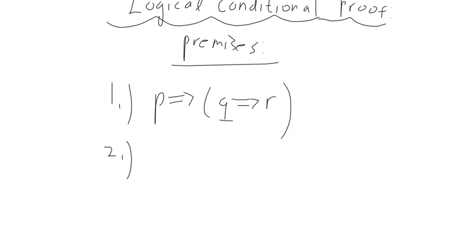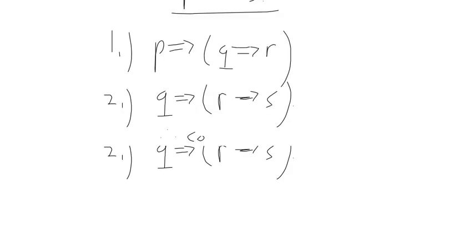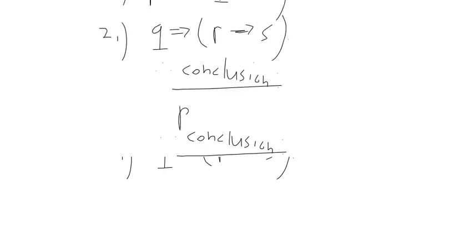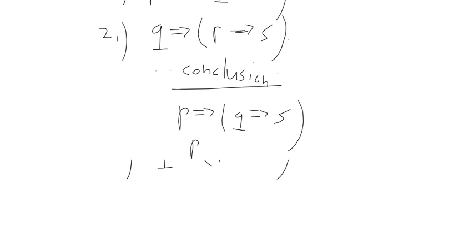Second premise will be Q implies, in parentheses, R implies S. Okay, then the conclusion. Therefore, the conclusion that we want to show is that P implies, in parentheses, Q implies S. Okay, this is what we want to prove. So prove this conclusion.